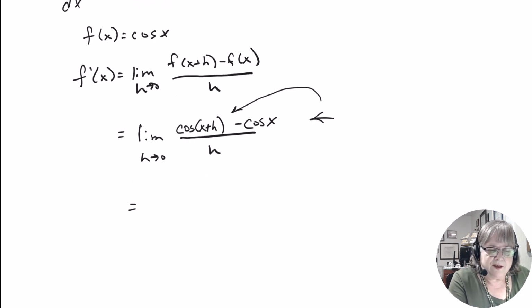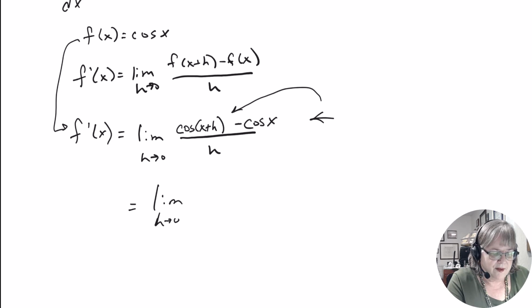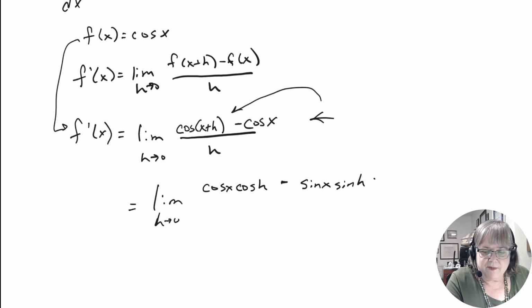So what you get is the limit as h goes to 0 of cosine x cosine h, minus sine x sine h, minus the original function. So this was the expansion.